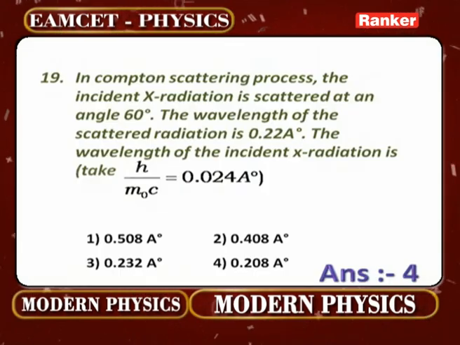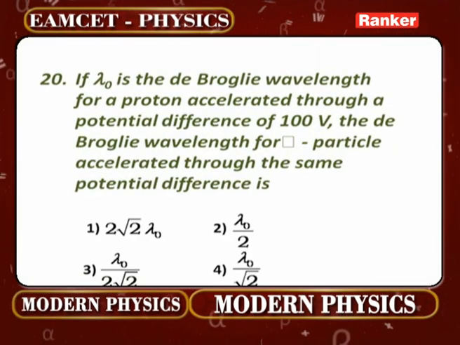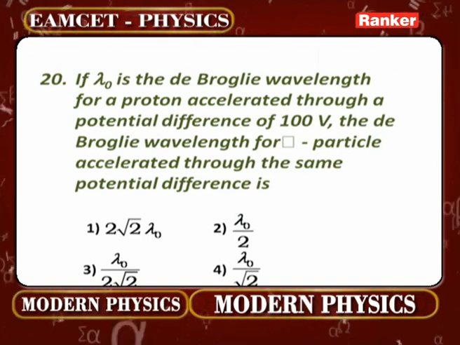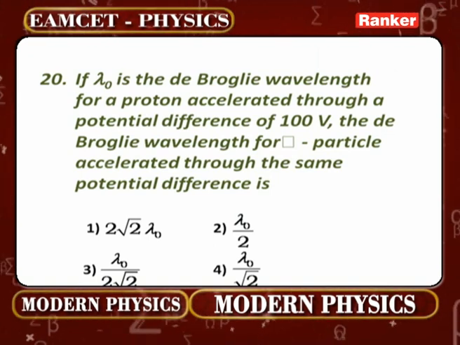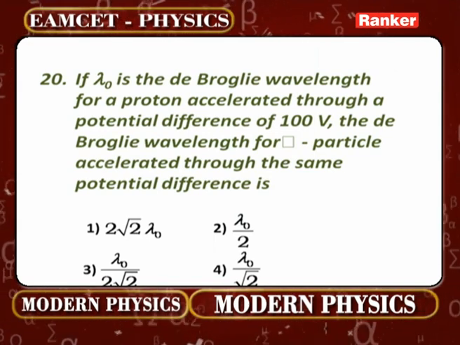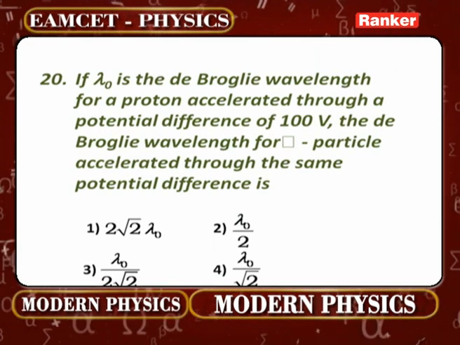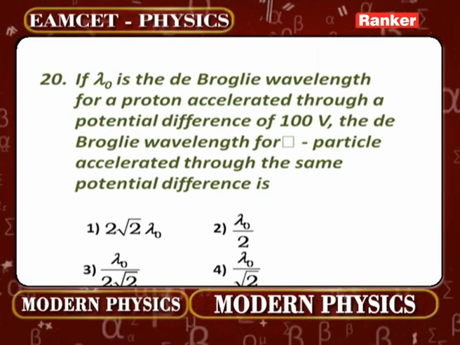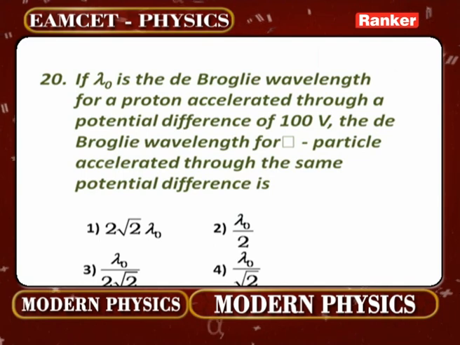Look at the next one, the 20th question. If lambda naught is the de Broglie wavelength for a proton accelerated through a potential difference of 100 volt, the de Broglie wavelength for an alpha particle accelerated through the same potential difference is how much? De Broglie wavelength in terms of potential difference, lambda is h by mv.